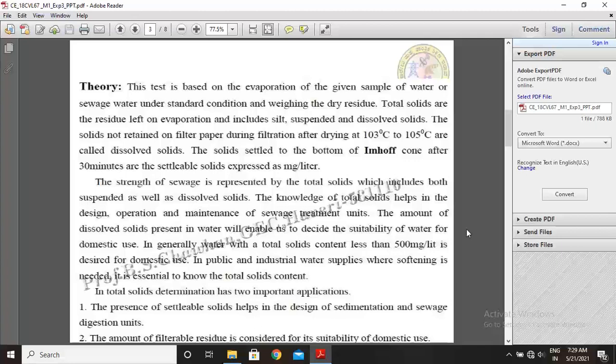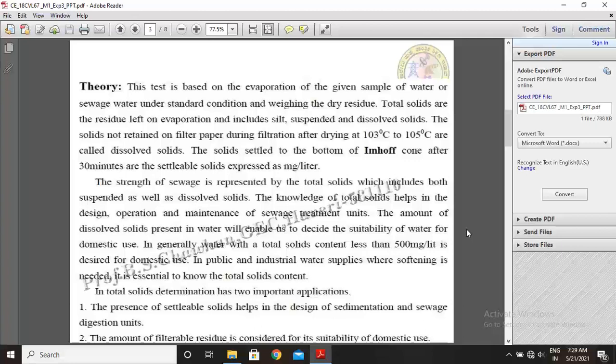The total solids determination has two important applications. Why are the total solids required to be determined? The first application is that the presence of settleable solids helps in the design of sedimentation and sewage digestion units.